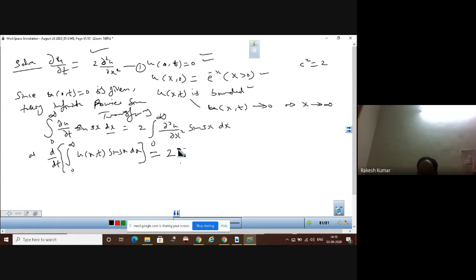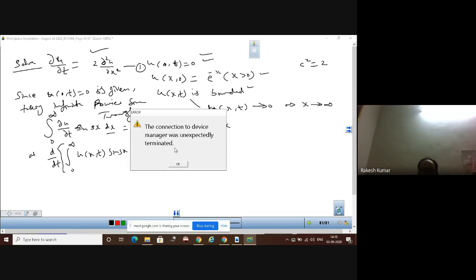So you can integrate it by parts, taking this as the first function and this as the second function.